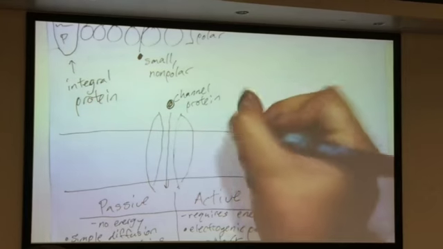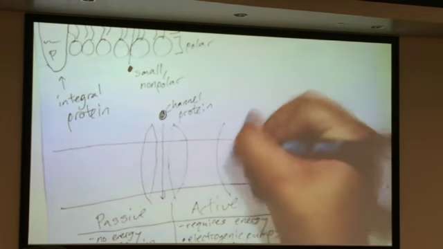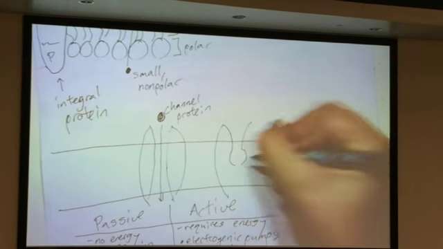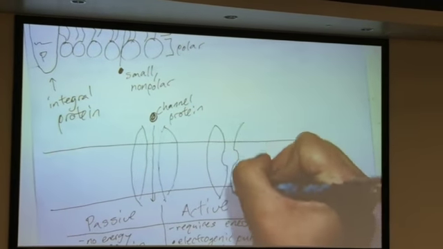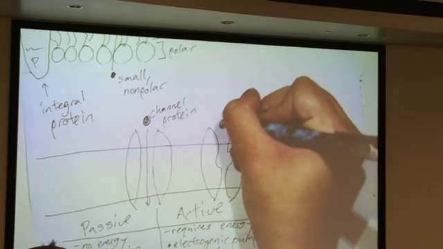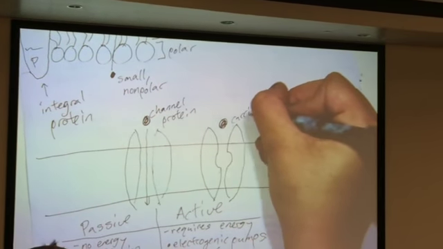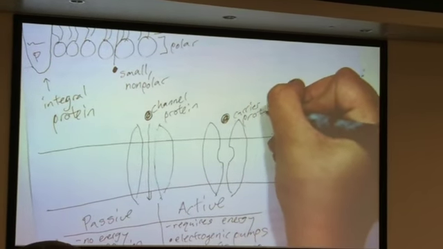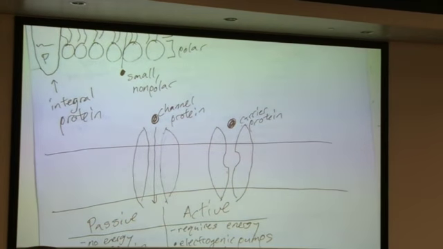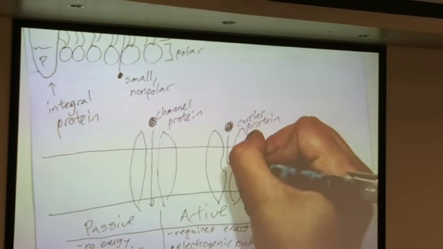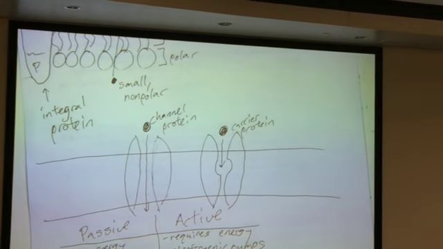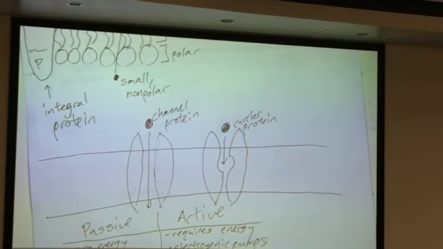Then we have the carrier protein, which is going to do some kind of thing like this. There are much better illustrations for you in your book, but I'm really horrible at this, so you're going to have to bear with me. But it goes into this chamber, and then the whole protein kind of squishes it through.